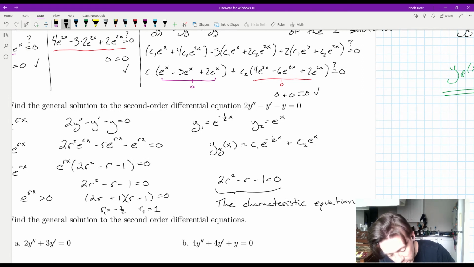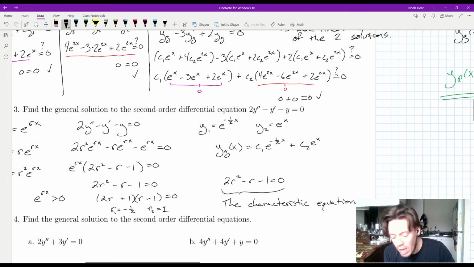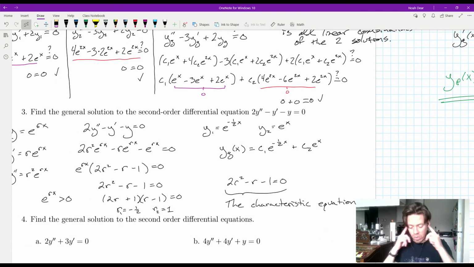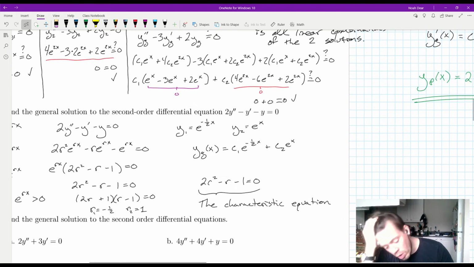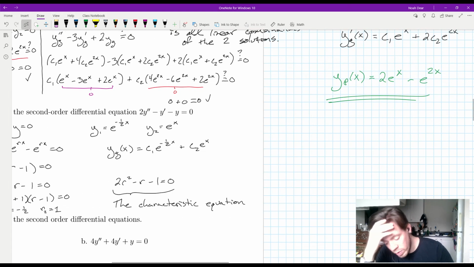It's called the characteristic equation because it's characteristic of all of these homogeneous second order differential equations. It's characteristic that this will always occur. So we can, in following problems, always jump to the characteristic equation in order to find our r values straight away and quickly jump to our general solution.